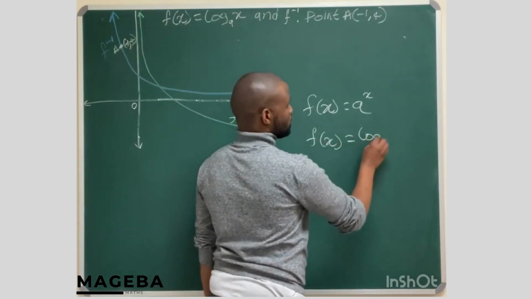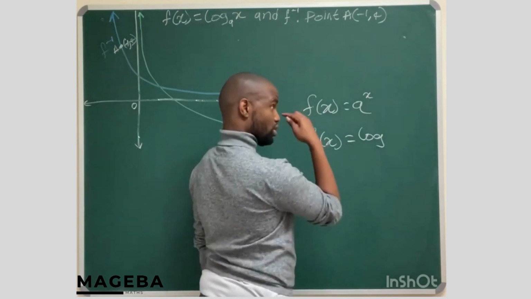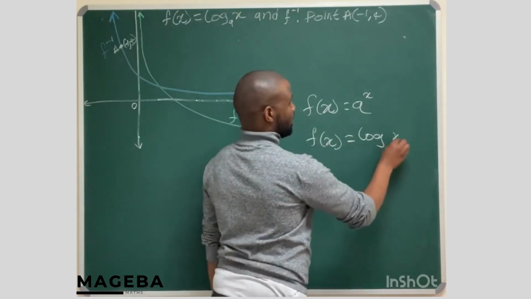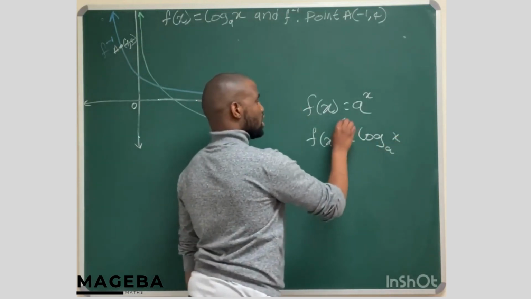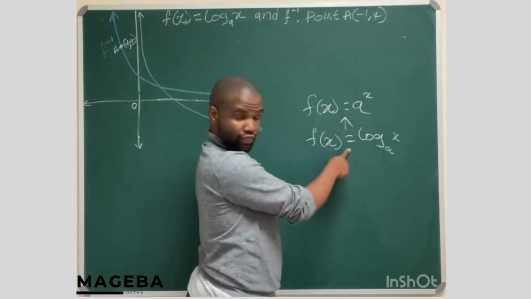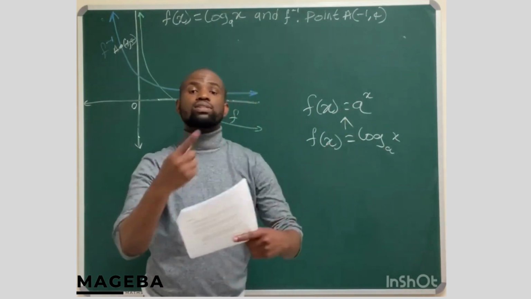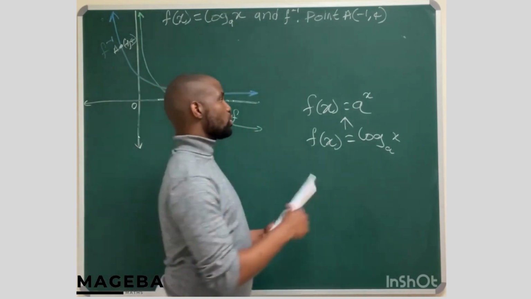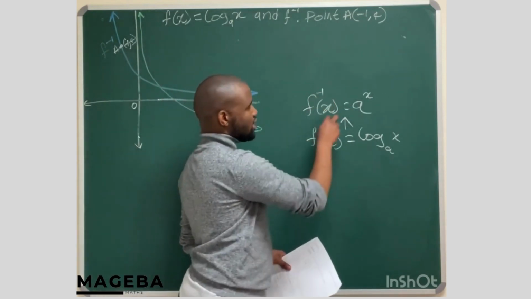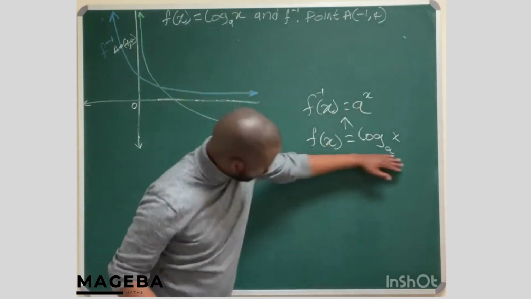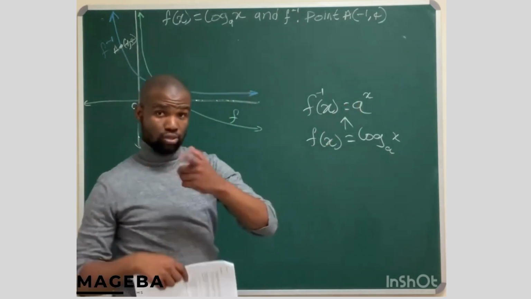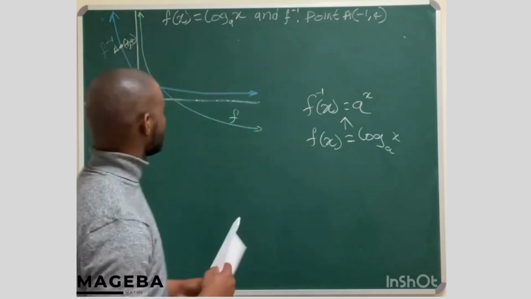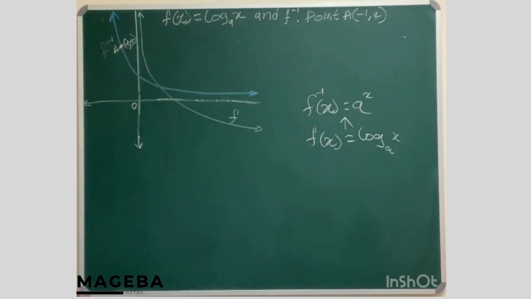They give you this one as the original function on this graph. Now, this function here is going to act as the inverse of this one. It's going to be the opposite, based on the question that we're doing. So this one is going to be the inverse of this log graph. Now it's going to do the opposite. Don't get confused. Now, let's move on.